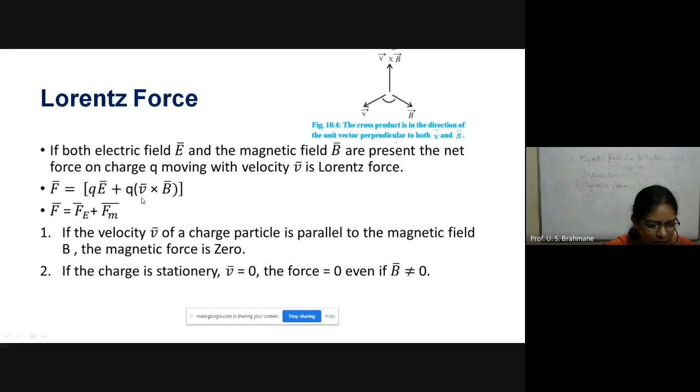That is, v cross B is vB sin theta, and sin 0 is 0, so the magnetic force is 0. Second, if the charge is stationary, then v vector equal to 0, because the velocity of a stationary charge is 0, the force is 0 even if B is not equal to 0. So this force is 0 when v and B are parallel, and second, when q is stationary.